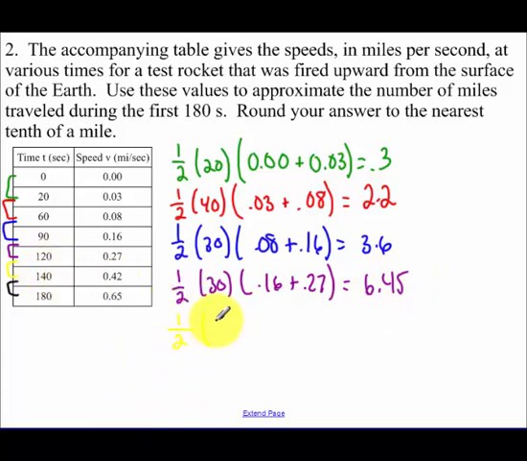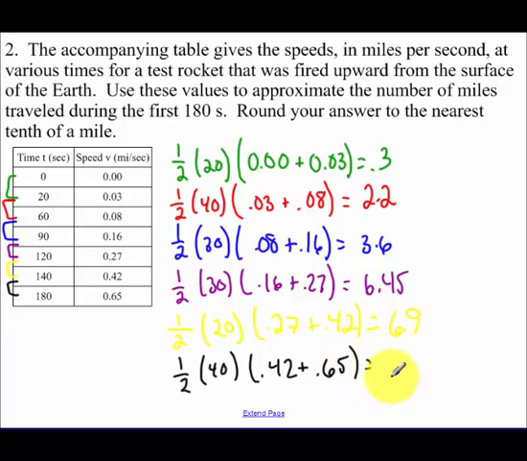The difference there is 20, base 1 plus base 2, and then lastly, 1/2, my last base is a difference of 40, base 1 plus base 2, and in this case I get 21.4.